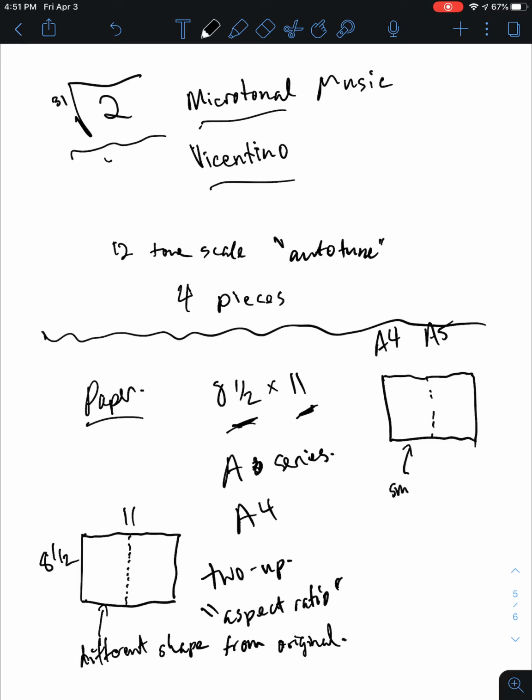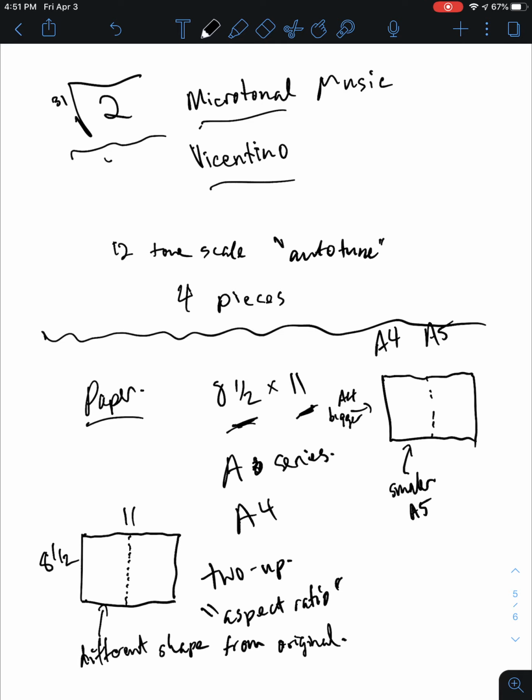So A5 would be the smaller one, and A4 would be the bigger one.